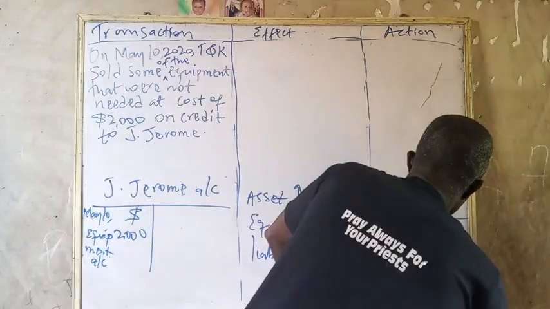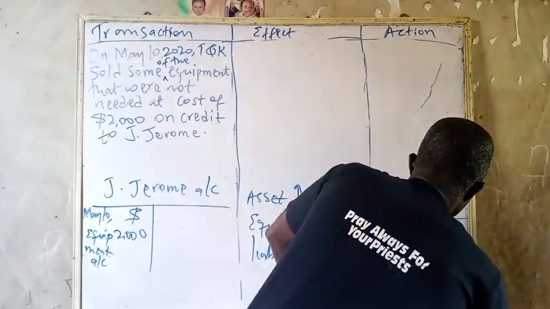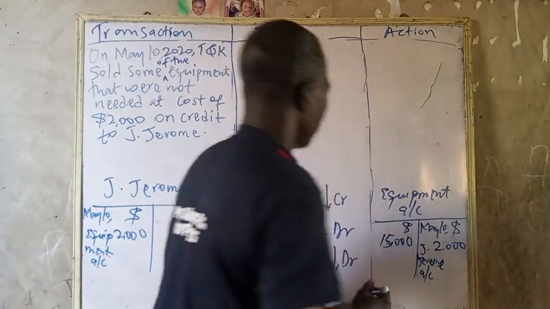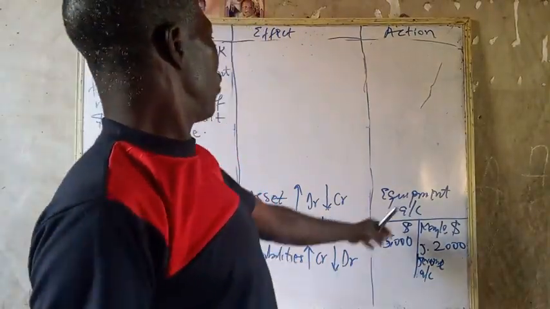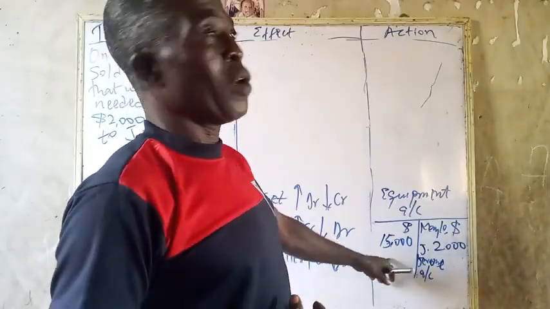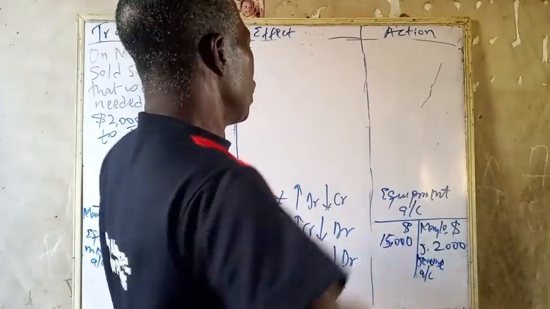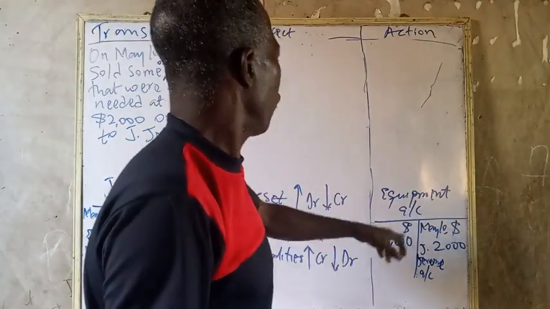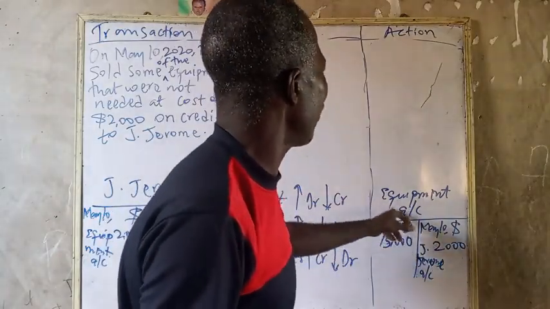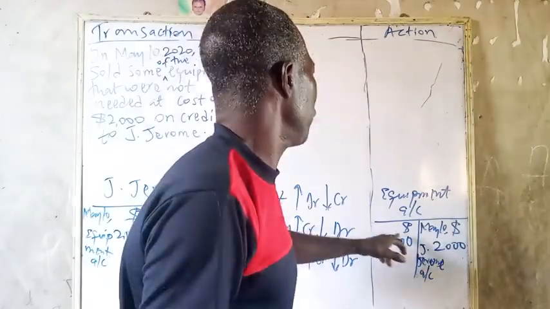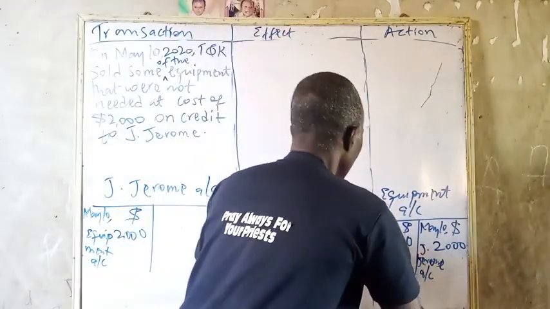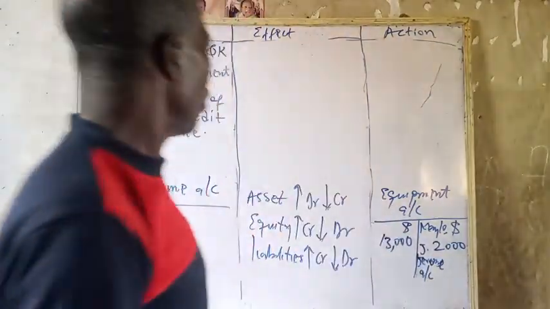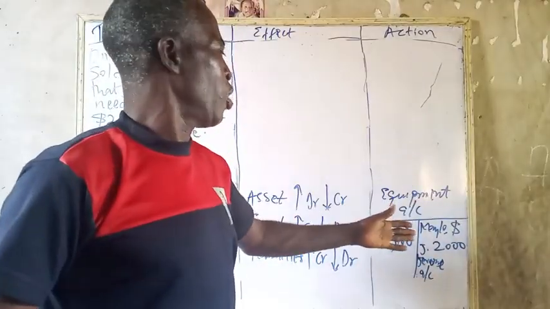This is the J. Jerome account, sorry if it is not clear. Yesterday, the equipment that T and K had was $15,000, but he sold $2,000 out of it. That asset reduced by $2,000, from $15,000 to $13,000.